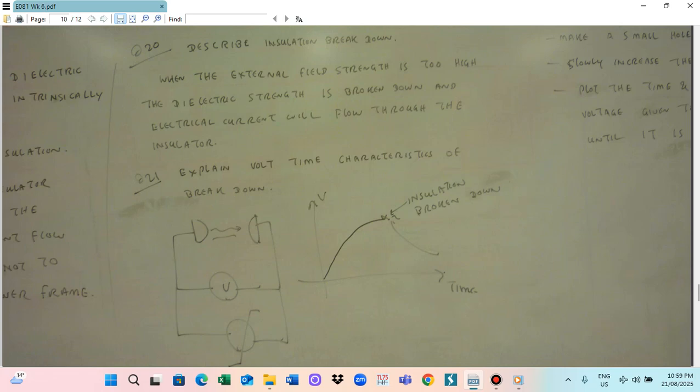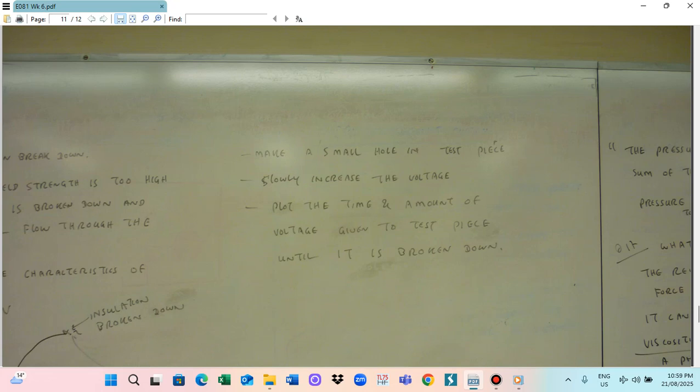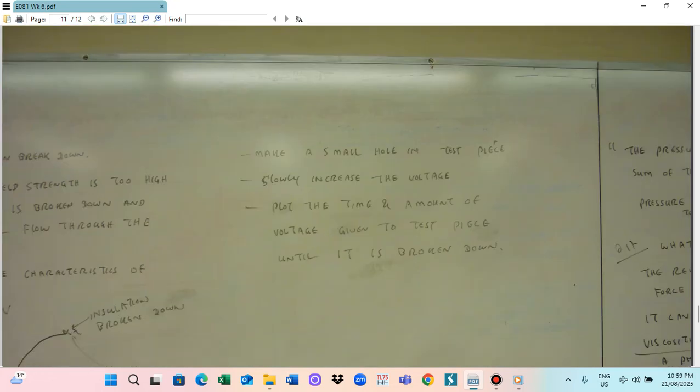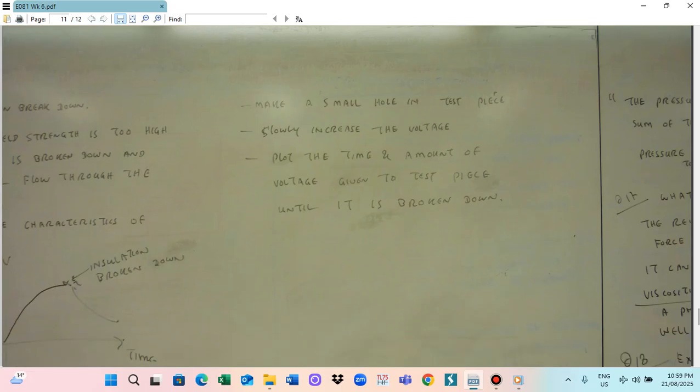Make a small hole in the test piece with the electrode over the hole, slowly increase the voltage until it starts to jump the gap, and note the voltage. To determine the test voltage, use a value midway between the test voltage and the value calculated using the formula, and then make the sample in the test pieces. In this case, we see how long it takes for the electrical current to pass through. So this is the voltage-time characteristic and the breakdown.